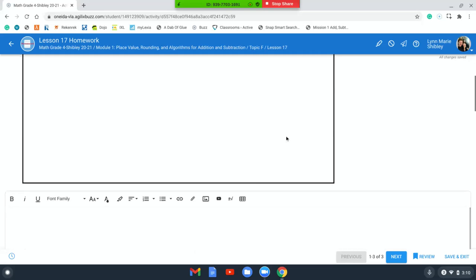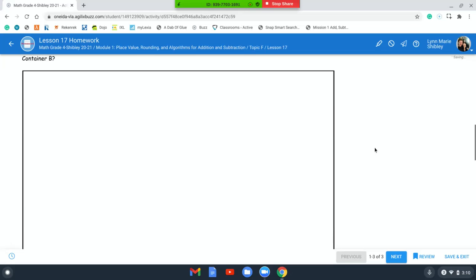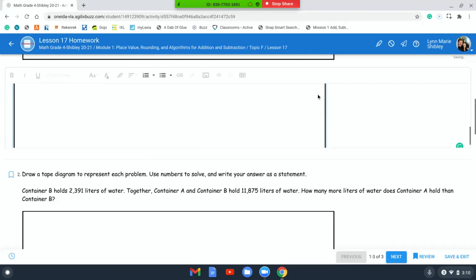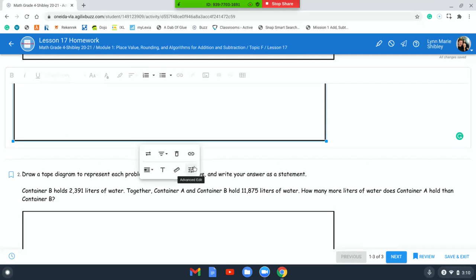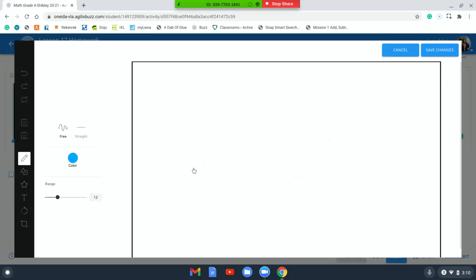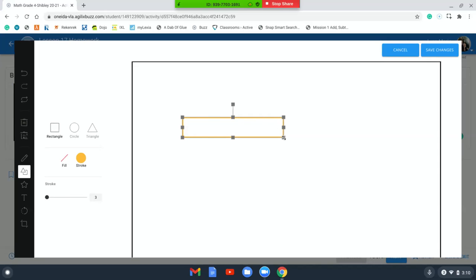So the first thing we are going to do is pull this down into our submission box, and open it up with the advanced editing tool. I'm going to use my shapes to draw my tape diagram, and I'm going to do one a little bit longer because I know that Gavin had 1,094 building blocks.